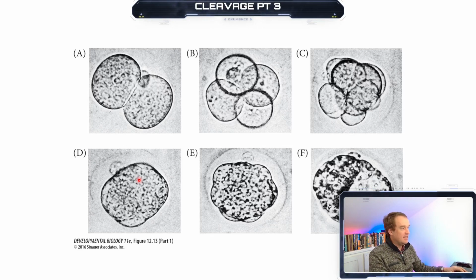So then in E here, we have the 8-cell stage that divides to become the 16-cell morula, M-O-R-U-L-A, morula. And then F, behind my picture here, but you'll have it in your PowerPoint slides, is the blastocyst. Like I said, at the 8-cell stage, cells start to express a protein called E-cadherin, and this is what allows cell adhesion.